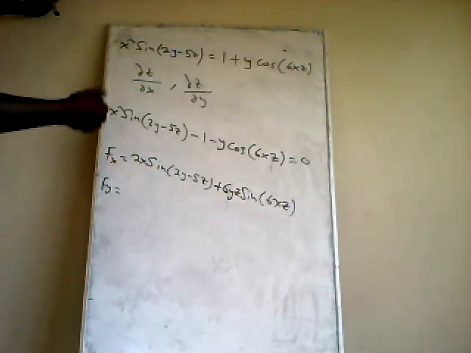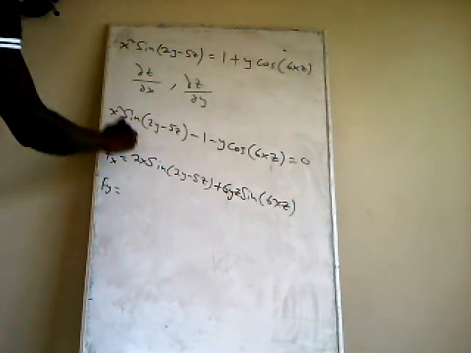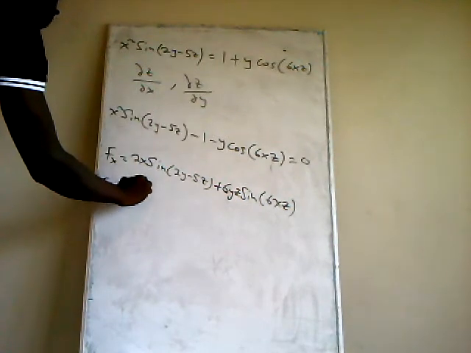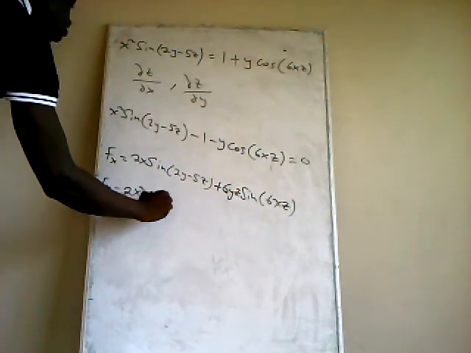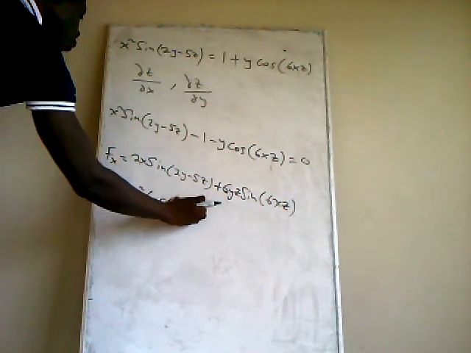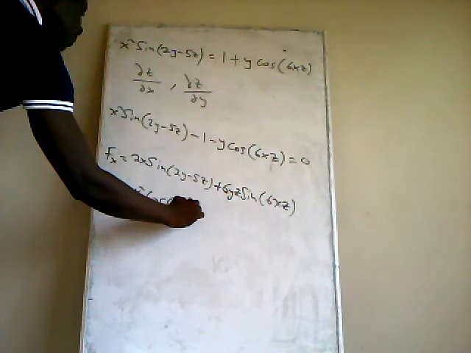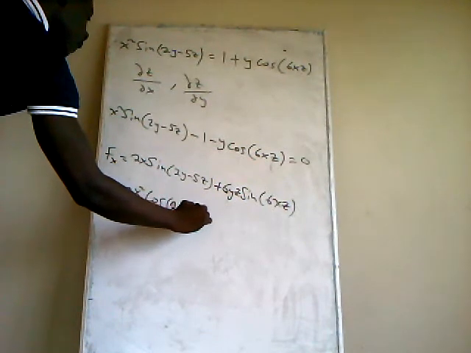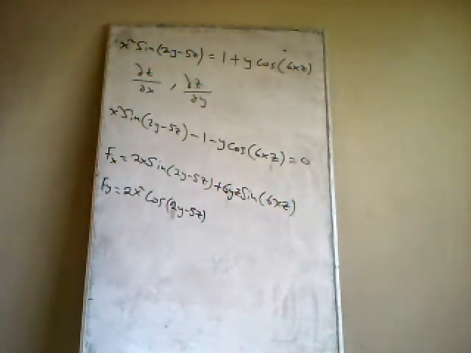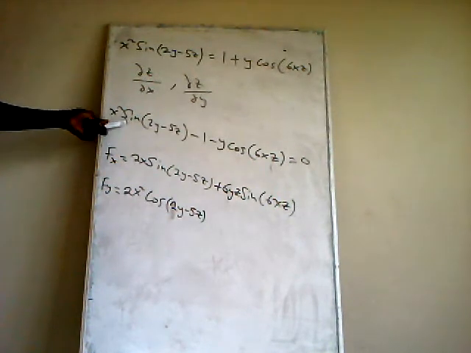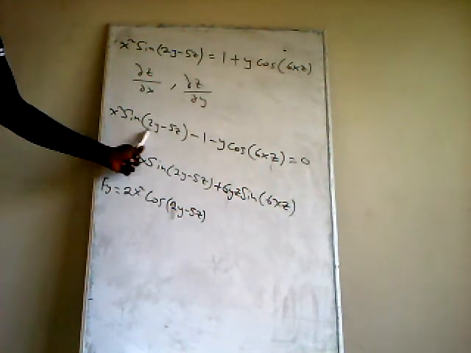Now I find fy. Differentiating the function partially with respect to y, I'm going to get 2x squared cos 2y minus 5z. When you differentiate sine, we get cos, and we maintain the angle.